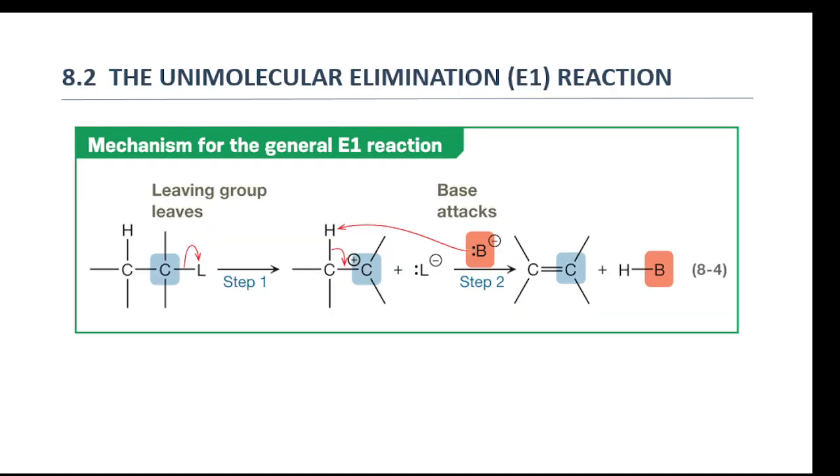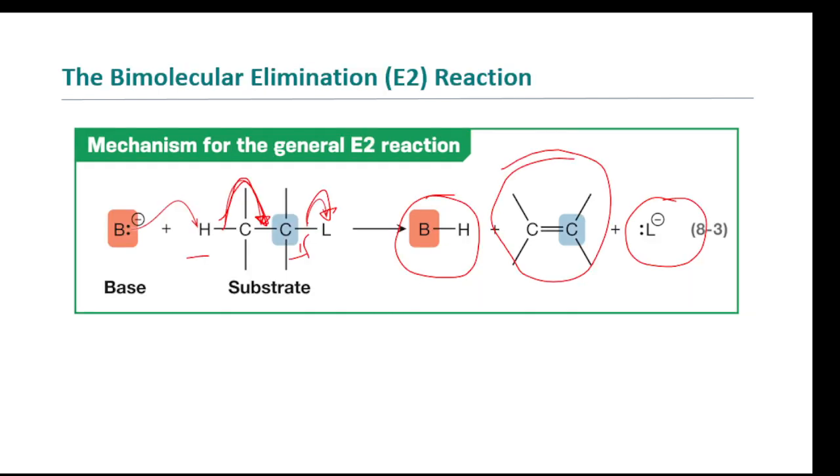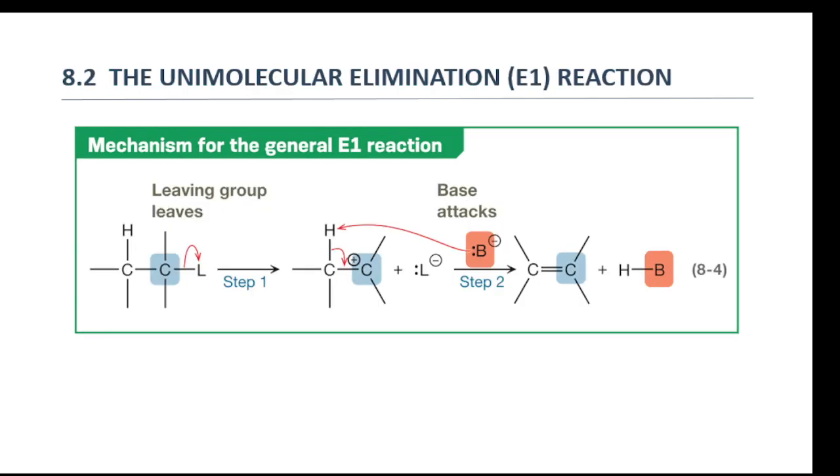All right, let's talk about the E1. So the E2, again, we have an attack happening, don't we? And that allows this reaction to occur in one step, just like the SN2 and everything like that, right? The E1, on the other hand, is going to be where the leaving group leaves first. Very like the SN1, right?